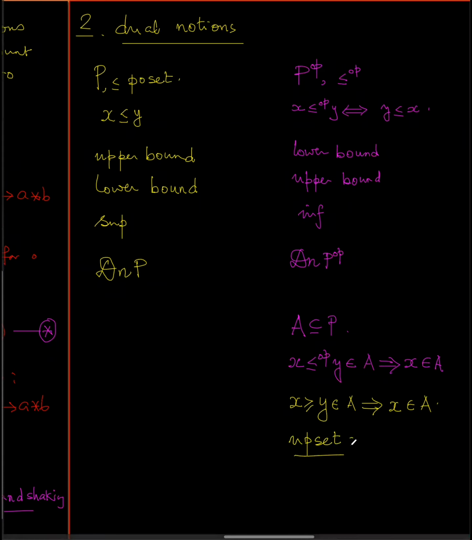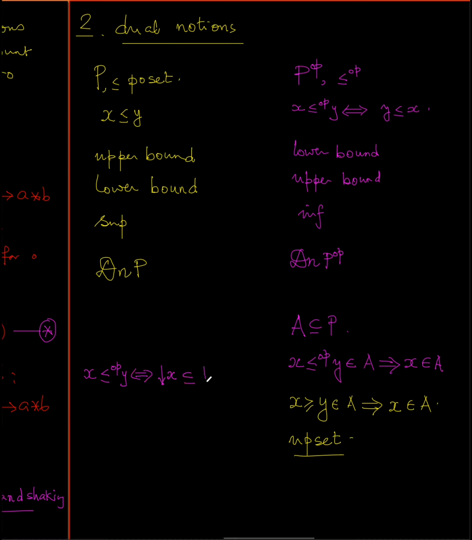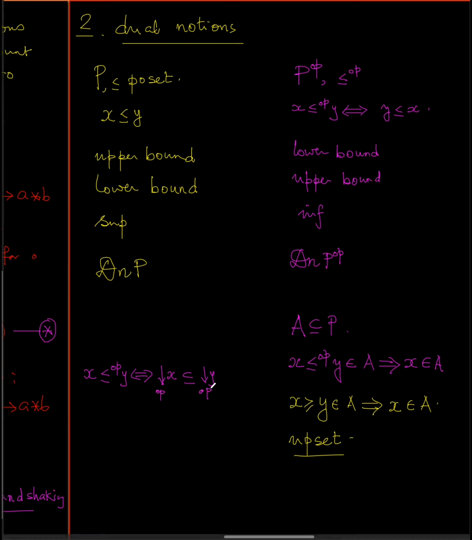Now observe that X is less than or equal to Y if and only if the downset of X is less than or equal to the downset of Y. Remember this is an op, but by dualizing, this should become the other way round.